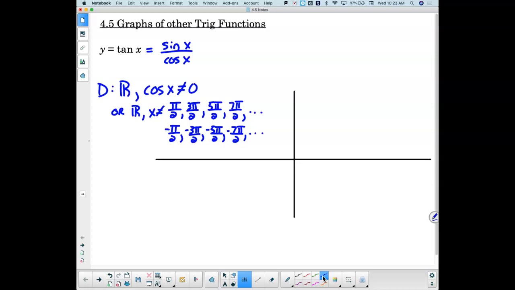What do we call it? Say it louder. A vertical asymptote. So at all of those points we're going to have vertical asymptotes. There are vertically dashed lines at all of those points.